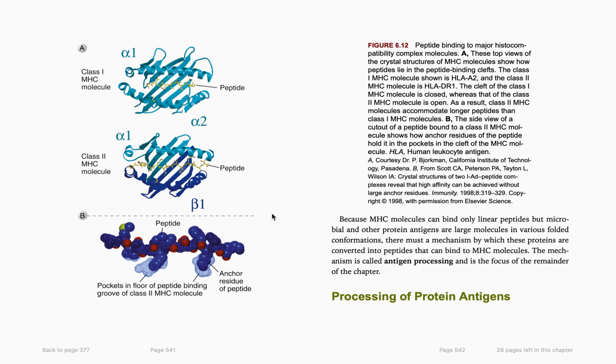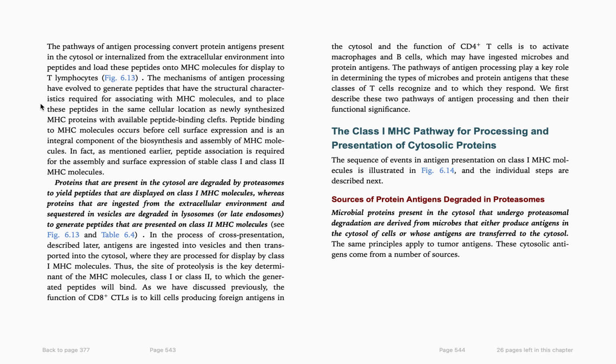Processing of protein antigen. The pathway for antigen processing converts protein antigen present in the cytosol or internalized from the extracellular environment into peptides and loads these peptides onto MHC molecules for display to T lymphocytes.